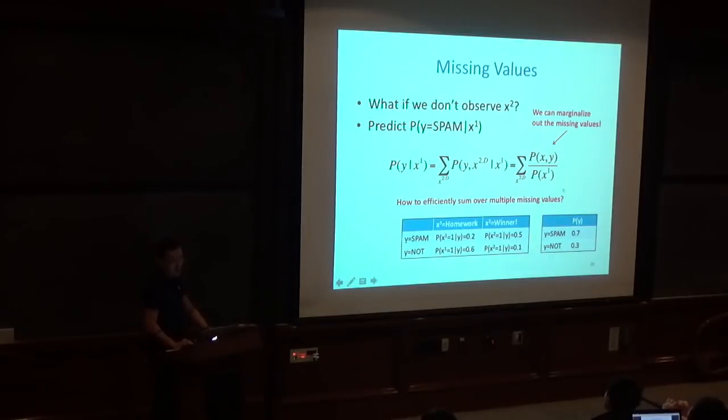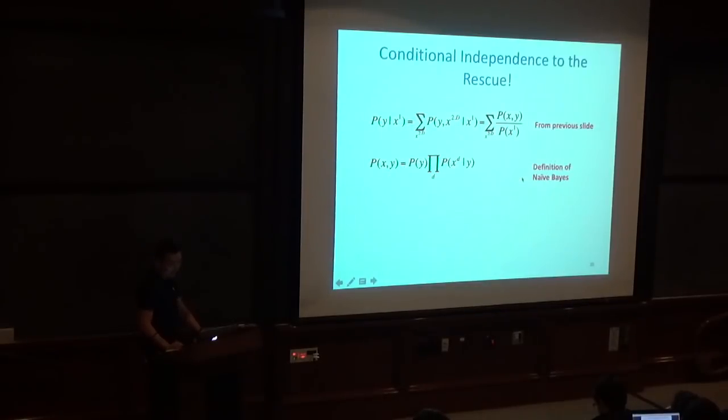So the one challenge here is how do you actually compute the bottom sum, or the top sum actually, because it's only summed over a subset of the x's, not all of the x's. And here is where naive Bayes and its conditional independence assumptions can address this issue.